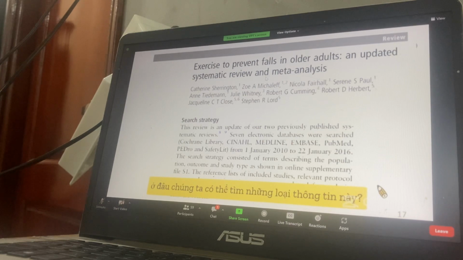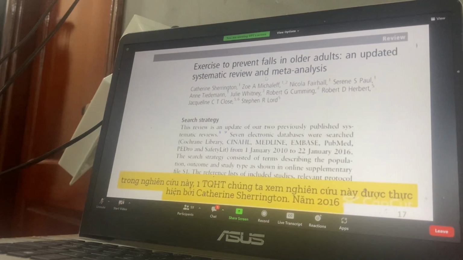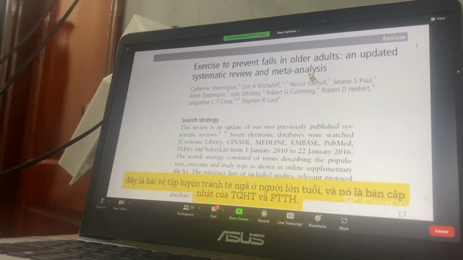Where should we look for this kind of information? Usually in a systematic review study, and here we are taking this study conducted by Sherrington in 2016. It's a study to look at exercise to prevent falls in older adults, and it's an updated systematic review and meta-analysis.